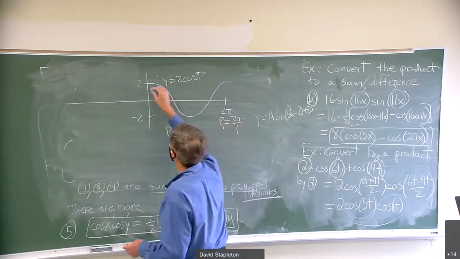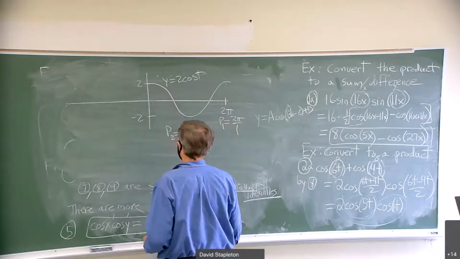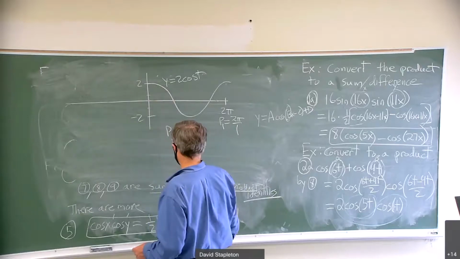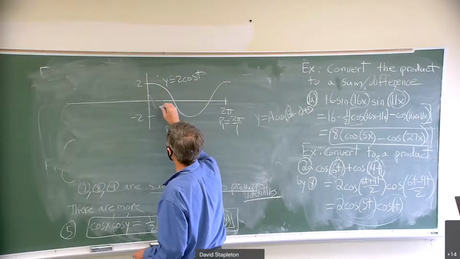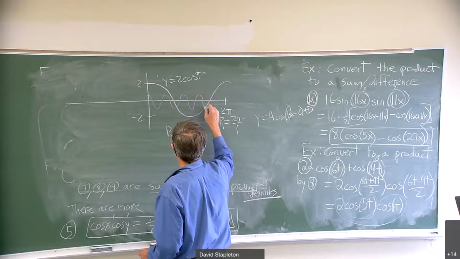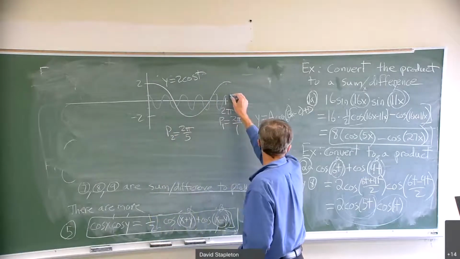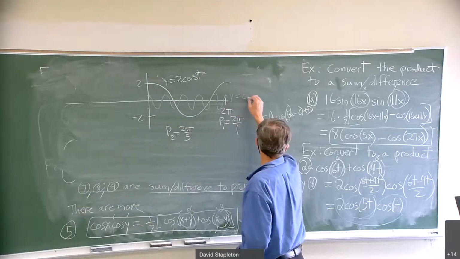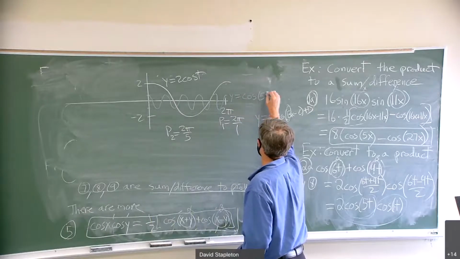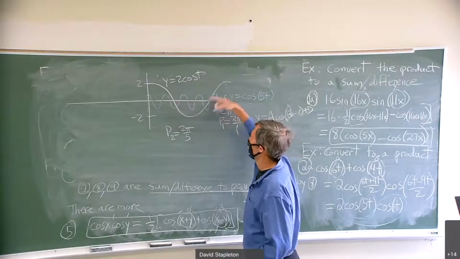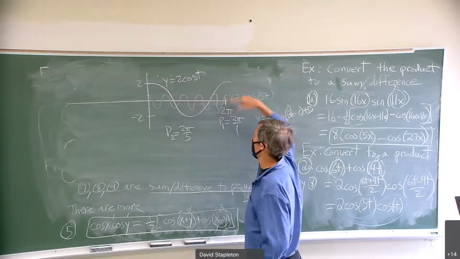So it's going to go up and down 5 times between plus and minus 1, like this: 1, 2, 3, 4, 5, something like that. And this will be y equals cosine 5t. So the point is that the one is a big wave like that. The other one is a real fast wave.